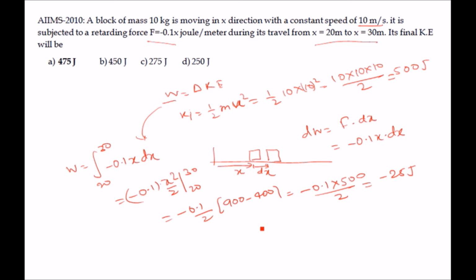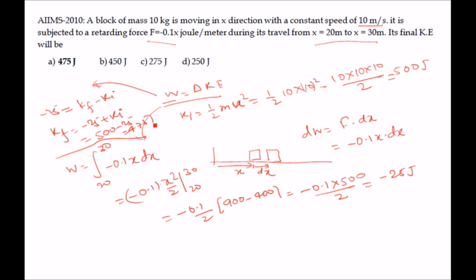So now, as per this work energy theorem, W is equal to the change in kinetic energy, and on the left hand side W is equal to minus 25 joule. On the right hand side, the change in kinetic energy, that is K final minus K initial, and K final comes equal to minus 25 plus K initial, and K initial we have calculated as 500 joule. So 500 minus 25, and the value comes equal to 475 joule.